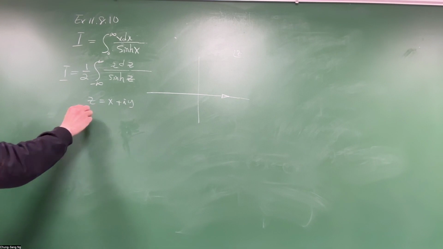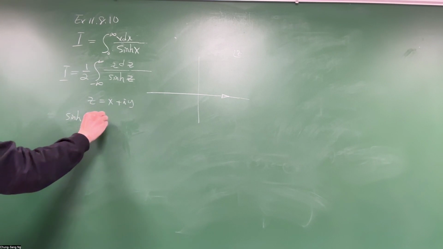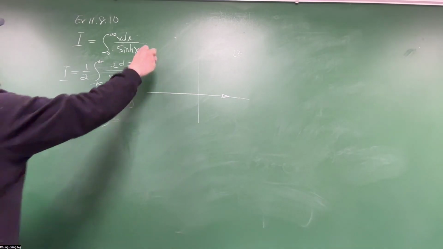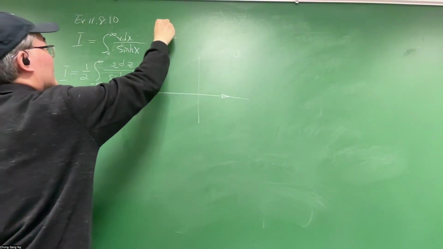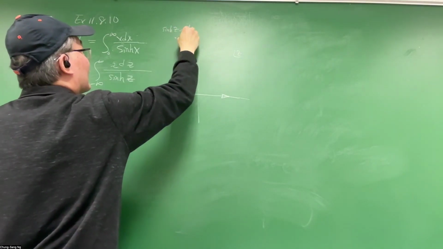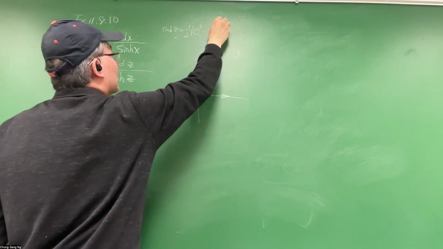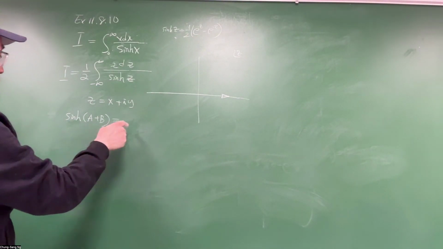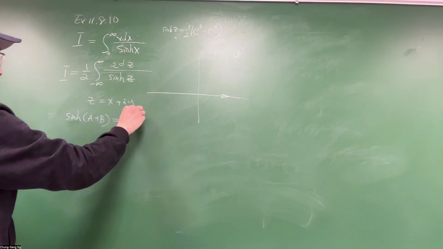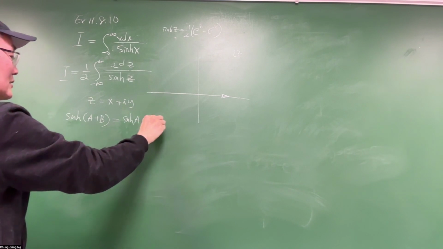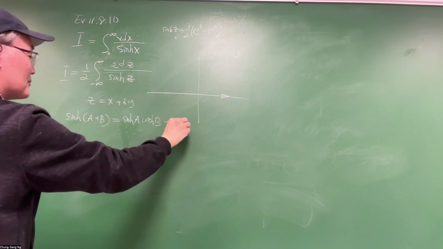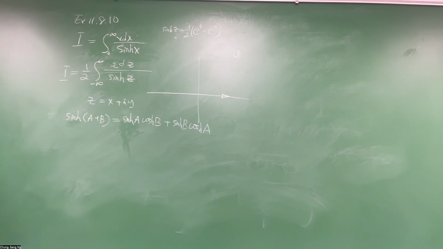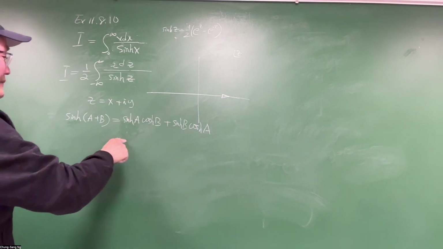You probably learned that before, but it can also be derived in a quite straightforward manner, because sinh of c is just 1/2 of e to the c minus e to the minus c. Using this definition, you can derive this formula: sinh(a+b) = sinh a cosh b + sinh b cosh a.